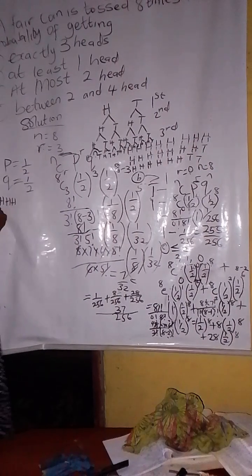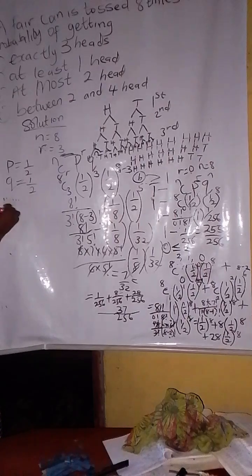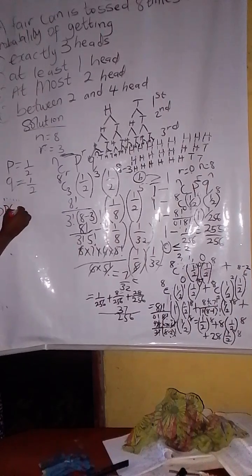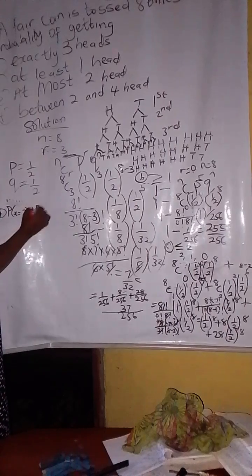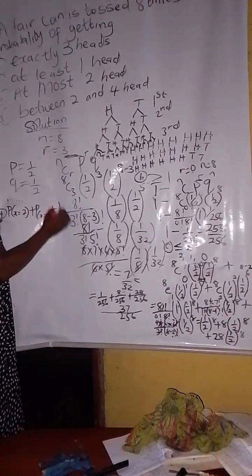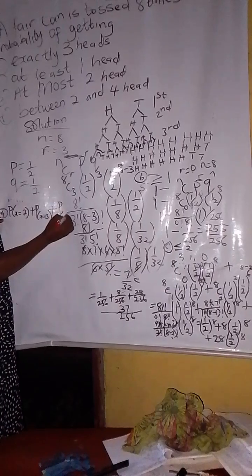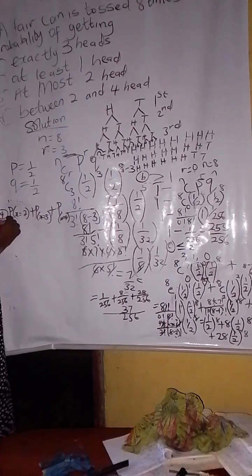Now let's check between. We want to have between. So probability of x between 2 and 5 is the probability of x equals 3 plus probability of x equals 4. So we'll calculate for this.